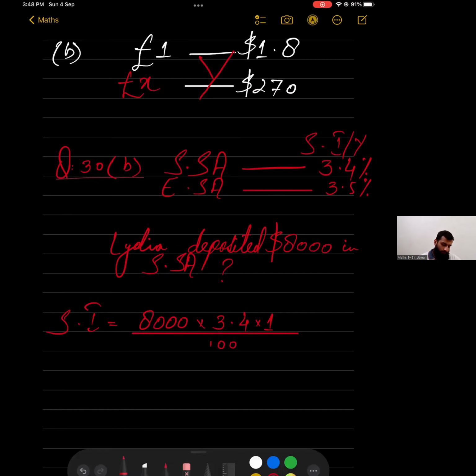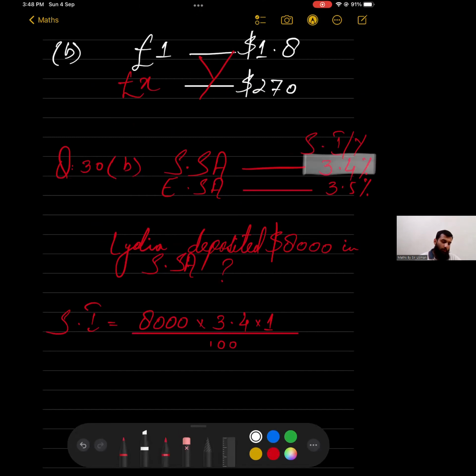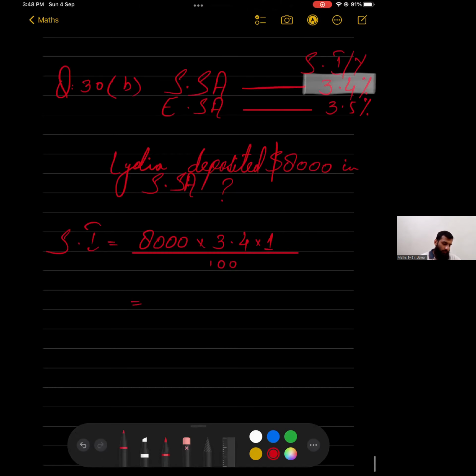Look over here, the rate is 3.4%. ये आपको टेबल में दे दिया था. So the simple interest that she will gain is 272. Very good. अब 272 मेरे पास इंटरेस्ट आ गया है, तो टोटल अमाउंट इज गोइंग टू बी 8,272 in dollars. This is the total amount.